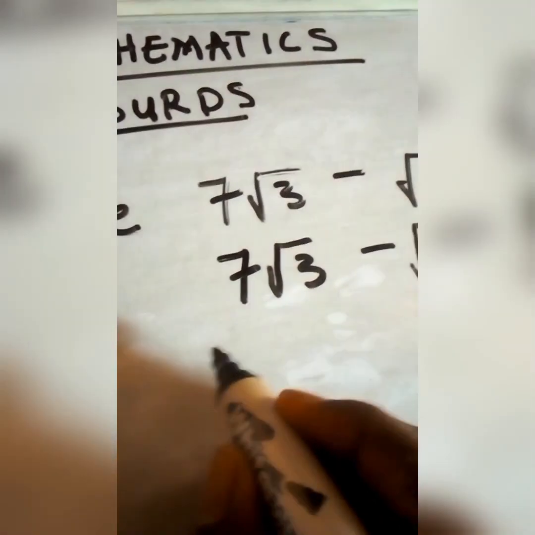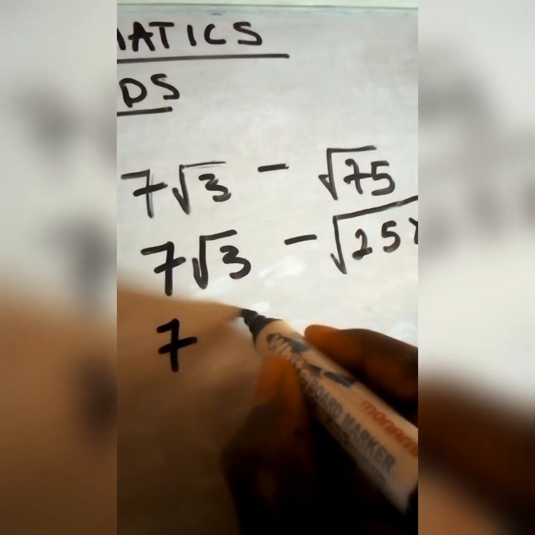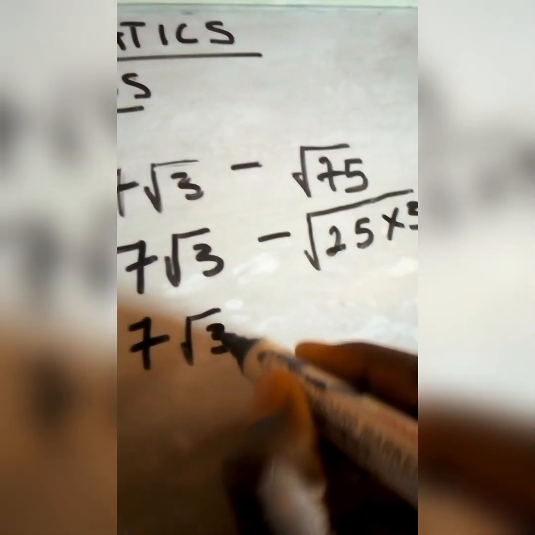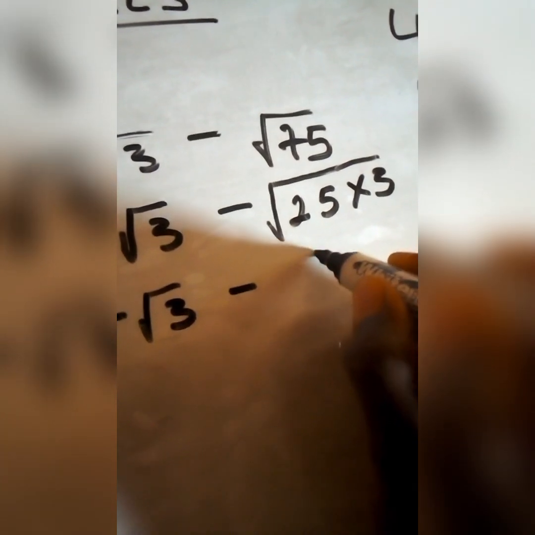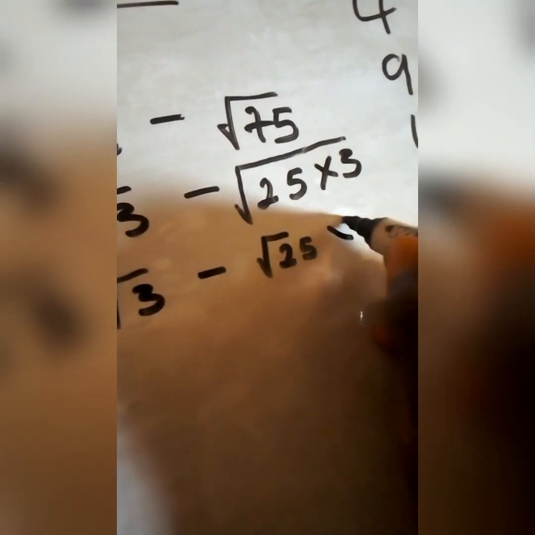Okay, now coming here, we'll say 7 root 3 minus root 25 multiplied by root 3. This is what we are going to have.